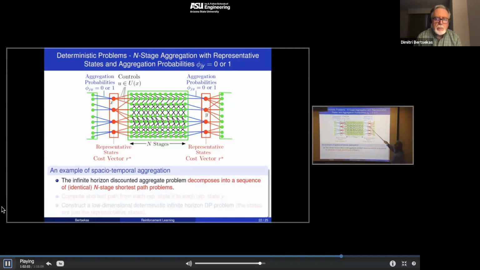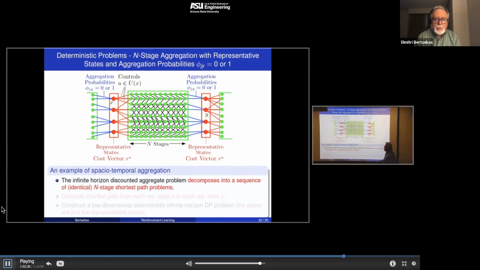So this becomes just cost-free deterministic transitions from this state to that state. Basically, Y here has as footprint these two states. And similarly for these other ones. They mark which original system states are connected to each representative state.